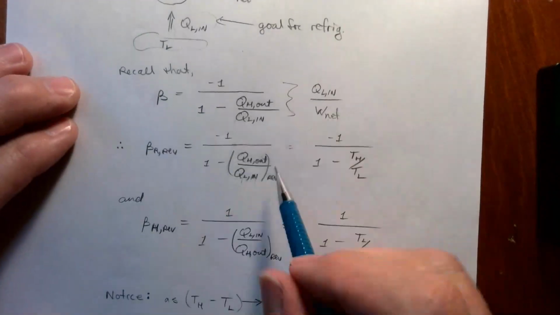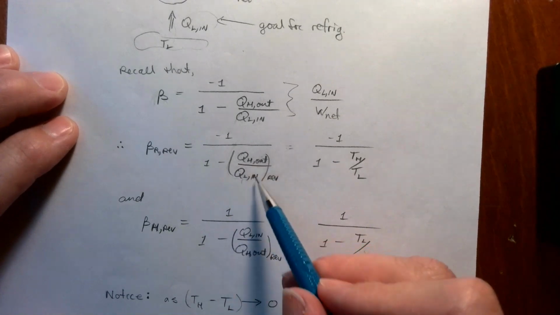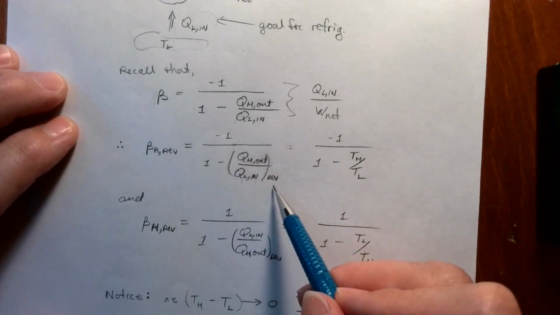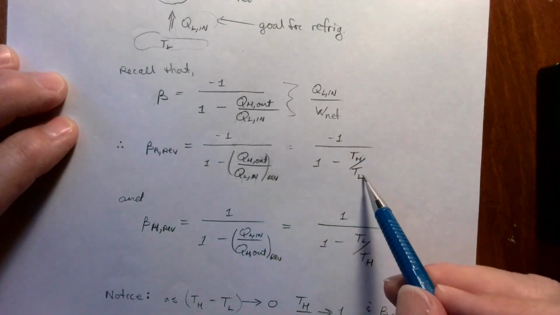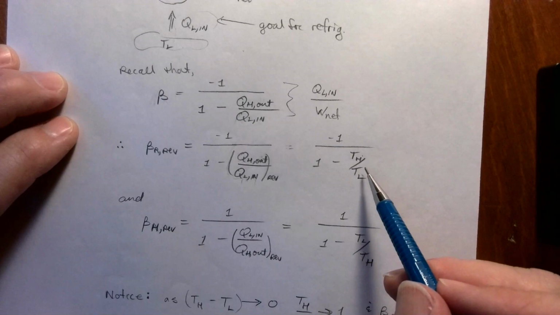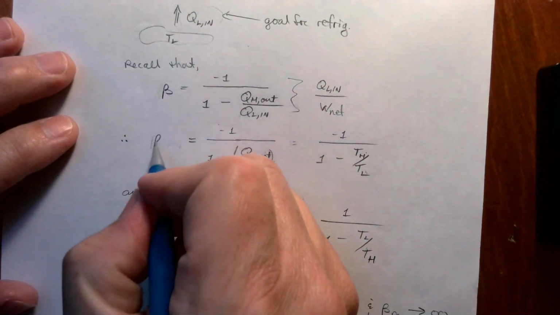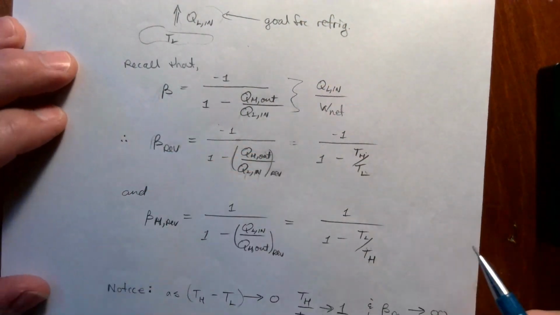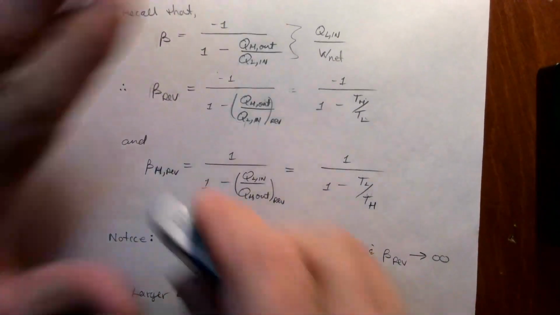Then for the reversible case, I'll just need to recognize that this ratio of heat transfer needs to be, for the reversible case, H over L, so it'll be TH over TL here. So this is the coefficient of performance, beta, for a refrigerator for the reversible case.